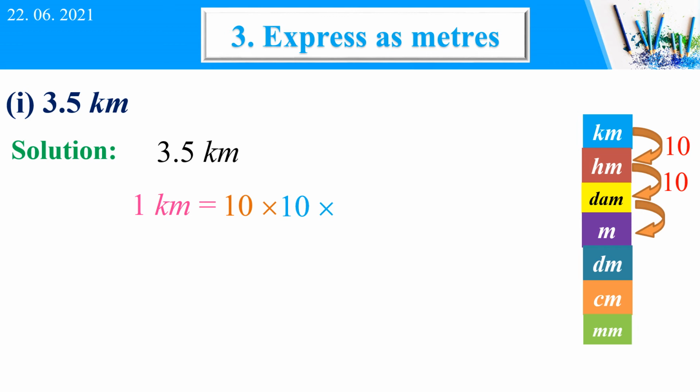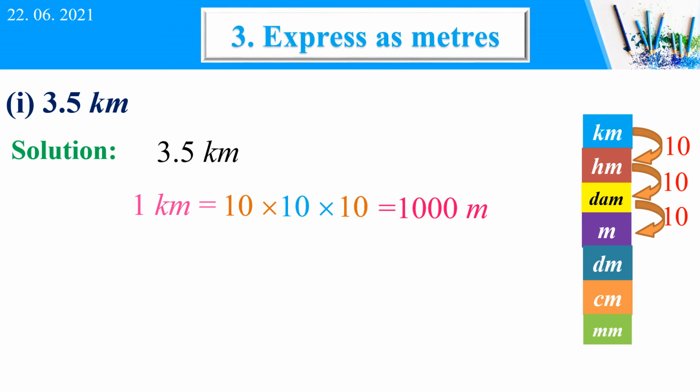On the third step we are in meter now, so another 10 should be multiplied. So 1 kilometer is equal to 10 into 10 into 10. On multiplying these three tens, we get 1000. So 1 kilometer is equal to 1000 meter.